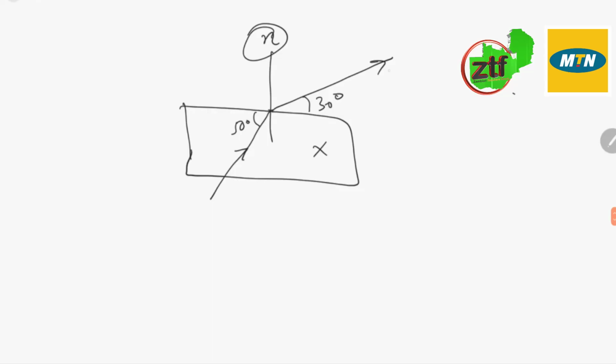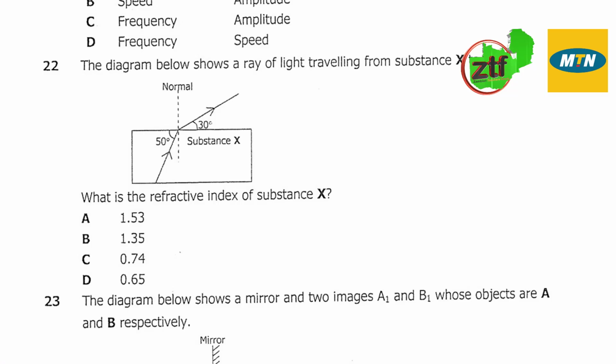So when light travels from a vacuum into a medium, and we get the angles of incidence and refraction, and we divide them, we get the refractive index of that particular material, which is denser. So in this particular case, as you can see, the ray now is coming from a dense medium to a less dense medium. And now they are asking us to find the refractive index of substance X.